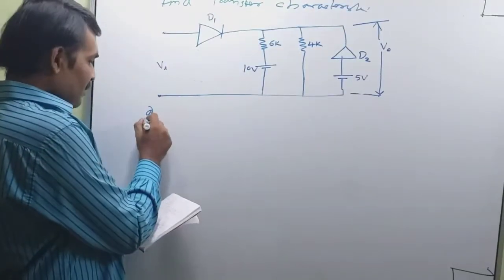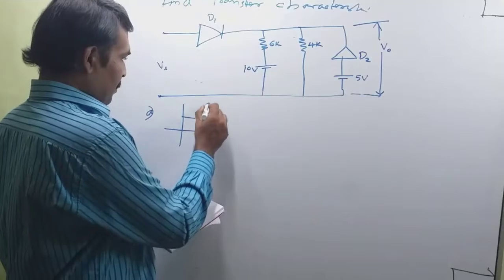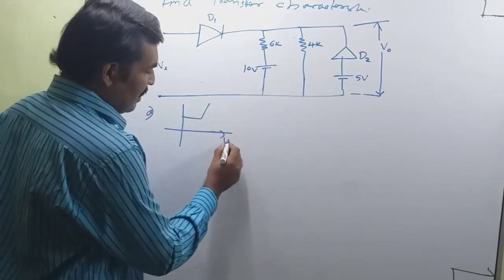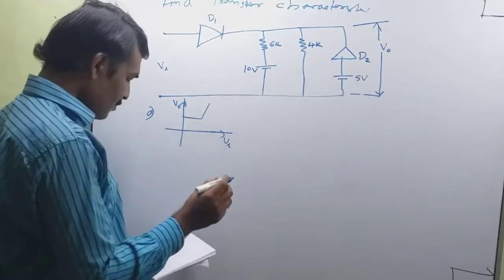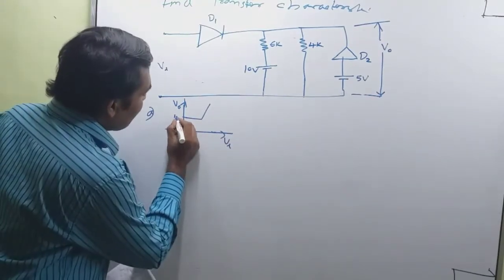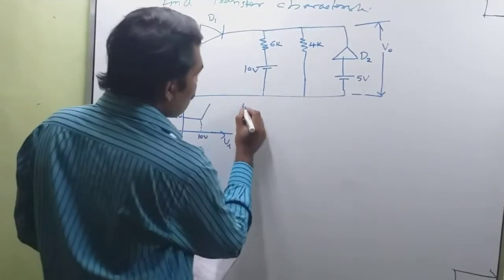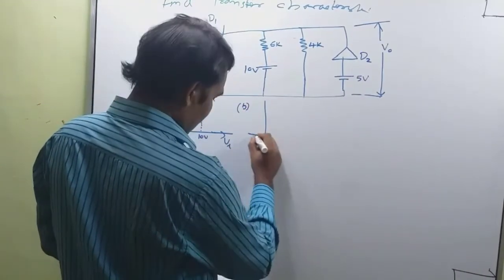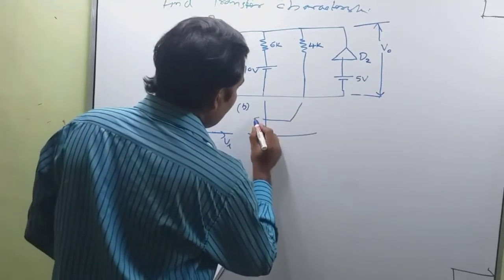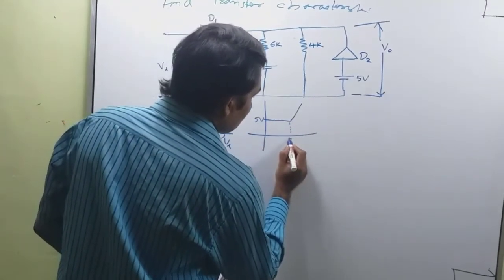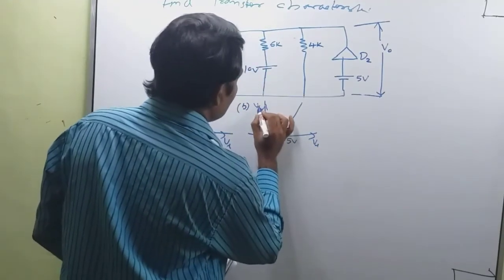Choice A is given. This is Vi, V0. This voltage is given 10 volt and here 10 volt. And choice B is given. This is 5 volt. This is also 5 volt. V input, V output.